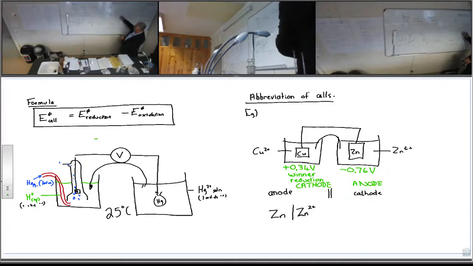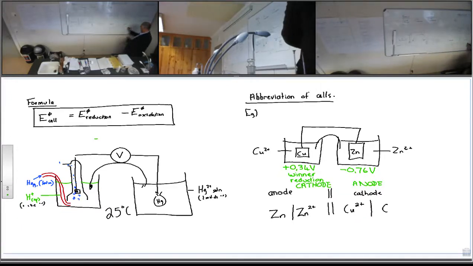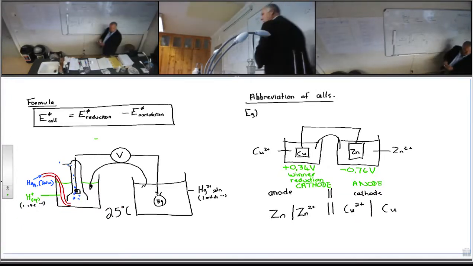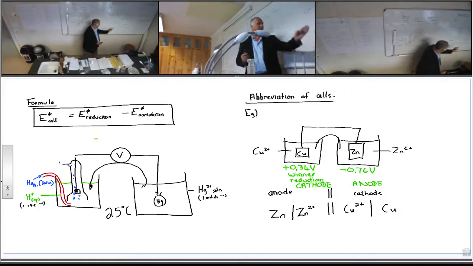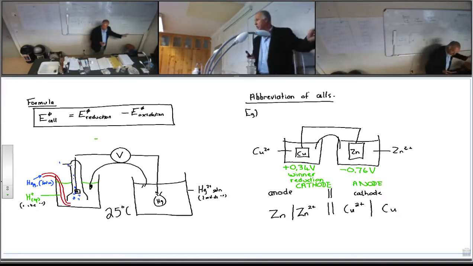Via the salt bridge to what? Is it connected to the copper, or is the zinc 2 plus connected to the copper 2 plus? Okay, the liquid is joined to the liquid, isn't it? So salt bridge to your copper 2 plus, single line, the copper 2 plus is linked to your copper. So you start and end with your solids.